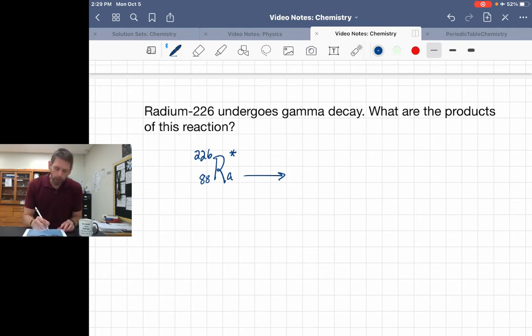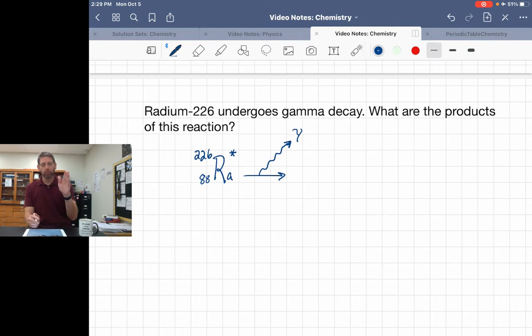All right, and so the way we do that is you kind of draw a little squiggly line, and squiggly lines tend to represent energy flow, like photons or light energy and stuff like that. So we get this energy release, and we're going to put this little gamma symbol right there.